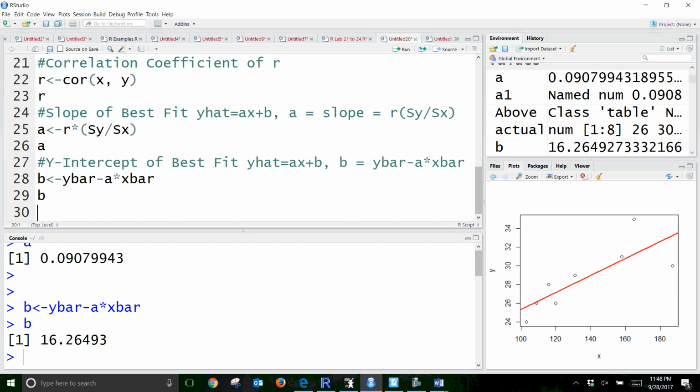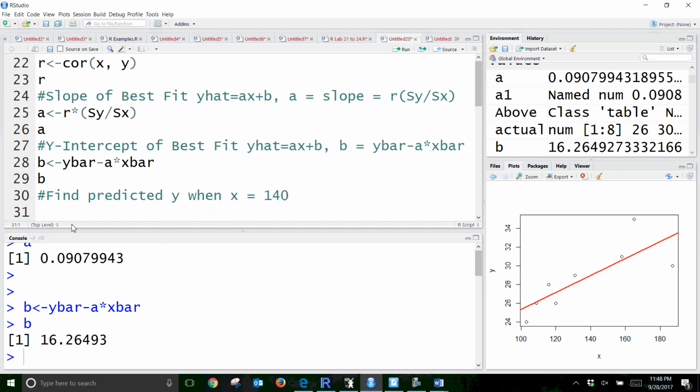Let's see what it asks us to do next. So now it wants us to use this y-hat equation to find the predicted value of a backpack weight when the body weight equals 140. So find predicted y when x equals 140.